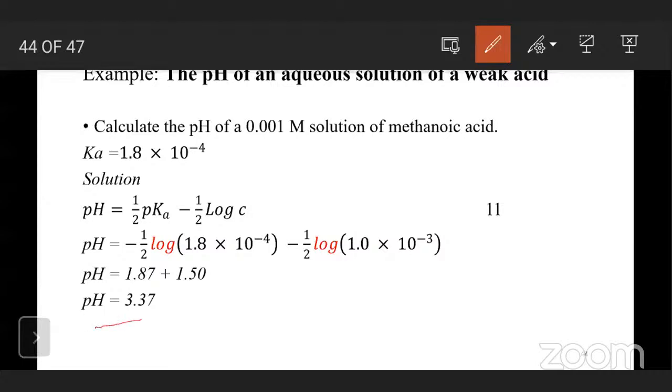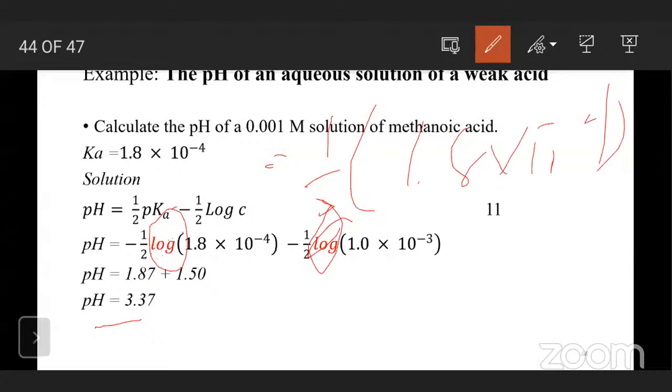However, you will see that I highlighted some letters in red, log. It's very easy to forget that there is a logarithm here and just write minus half into 1.8 times 10 raised to the power minus 4. If you do that, you will get an answer that may not be the correct answer, but definitely under the options you have, under the multiple choice, you will see something that looks like what you have done.